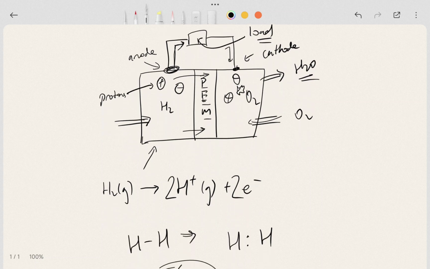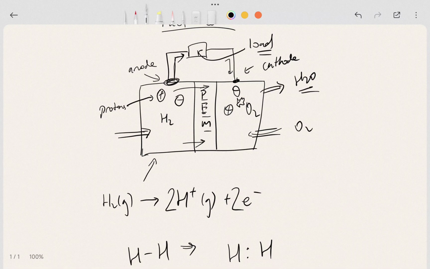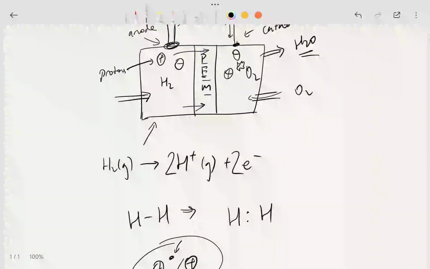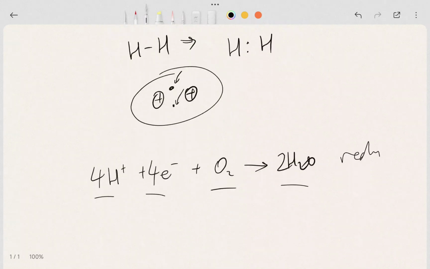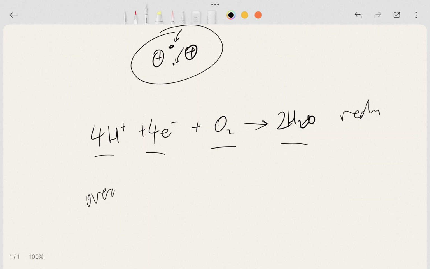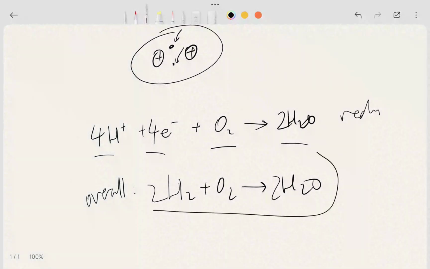And the concept of oxidation and reduction is very easy actually, because when electrons are lost, it is known as oxidation, and when electrons are gained, this is known as reduction. So effectively, the overall reaction is just hydrogen gas plus oxygen gas produces H2O, which is just water, and then you balance things out like this. So effectively, that's the reaction.